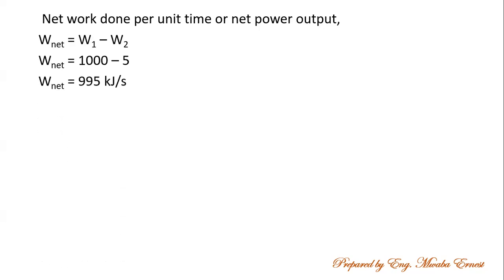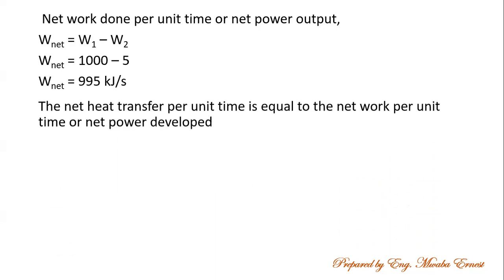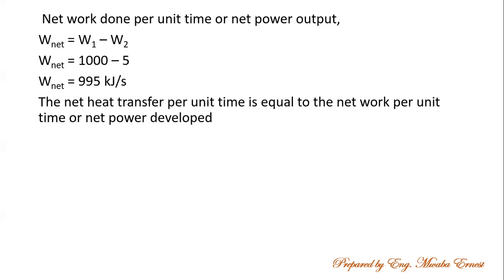Check your calculator. Now look at this again. This is in kilojoules per second. Here we are trying to emphasize that the net heat transfer represents the work per unit time.